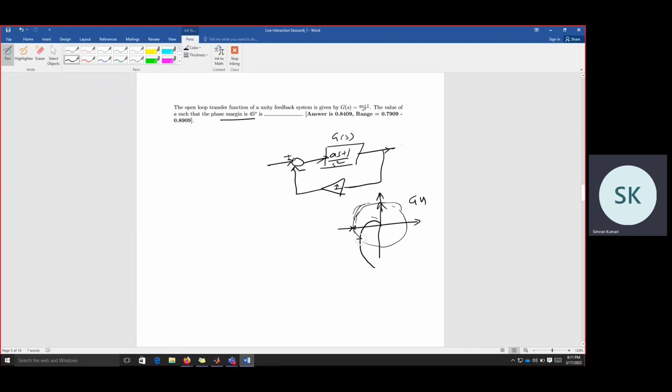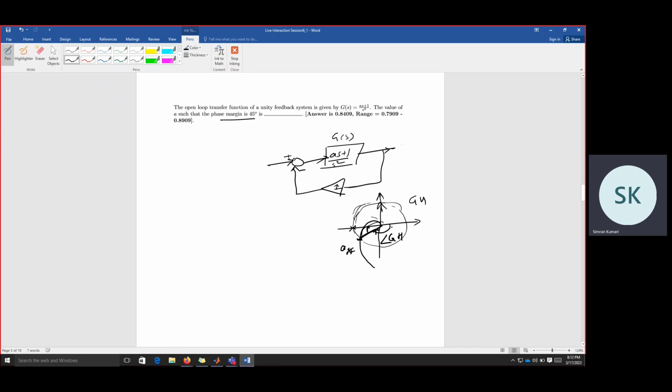The frequency at which this unit circle crosses this Nyquist plot is the gain crossover frequency, and this is the phase angle of GH, the phase shift due to GH.